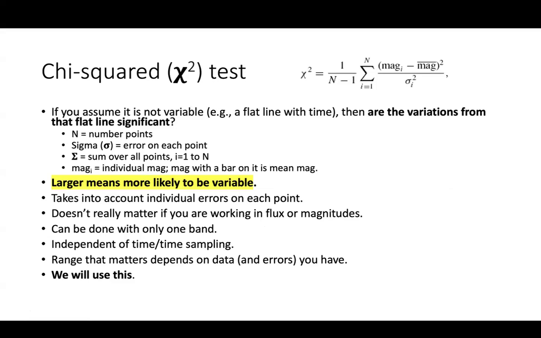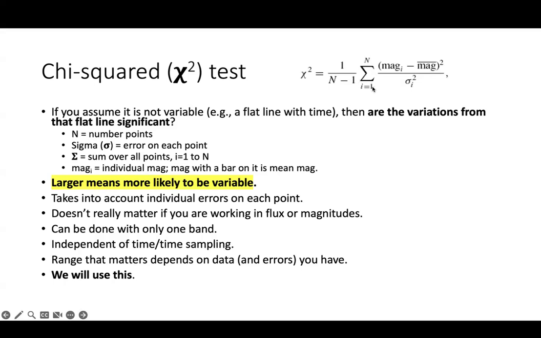The chi-square test. All right, so what this tool is telling you is, if you assume that the object you're studying is not variable, in other words, a flat line with time, then are the variations from that line significant? So in this expression, n is the total number of points. This sigma is the error on each individual point.